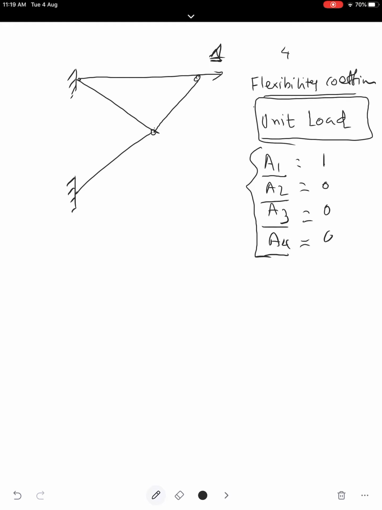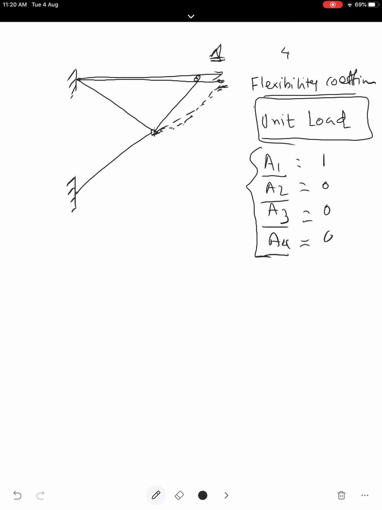And if you apply unit force here, your deformed shape will be something. Let us assume, because it is an integrated system, all other members are also joined. Let us imagine a diagram where I can have this geometry deform, I mean the deformed shape of the truss.